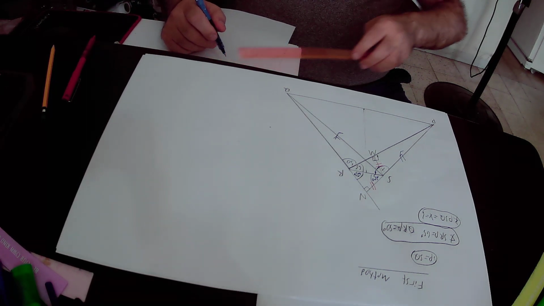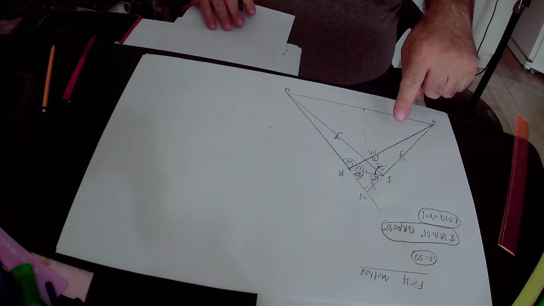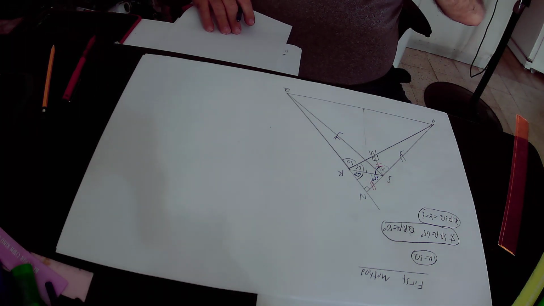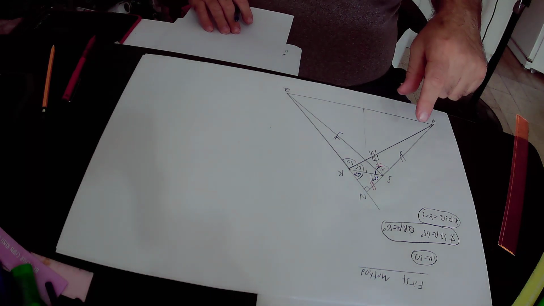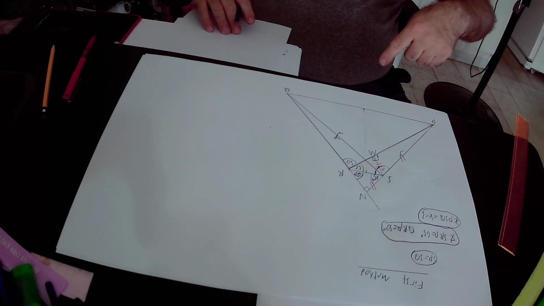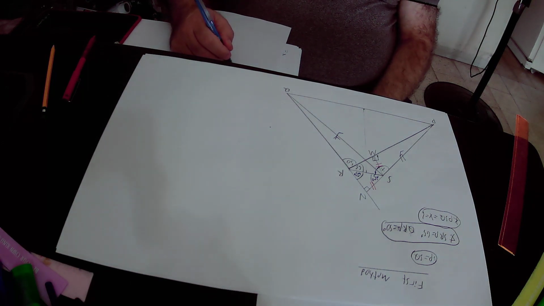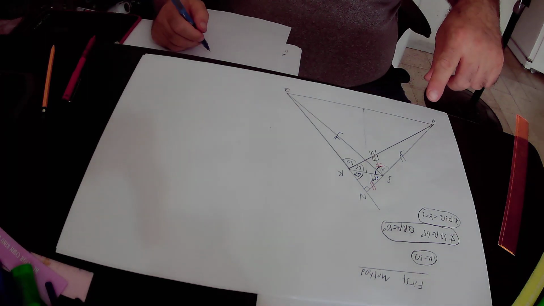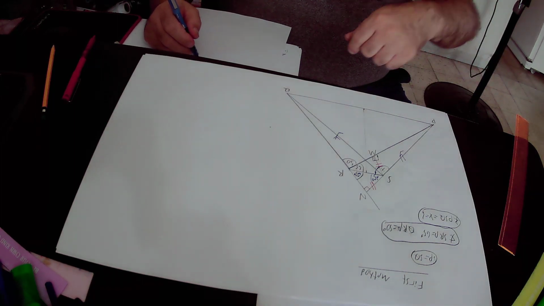So if we focus on the right triangle SMP, according to the Pythagorean theorem, SM square plus PM square will be equal to SP square.